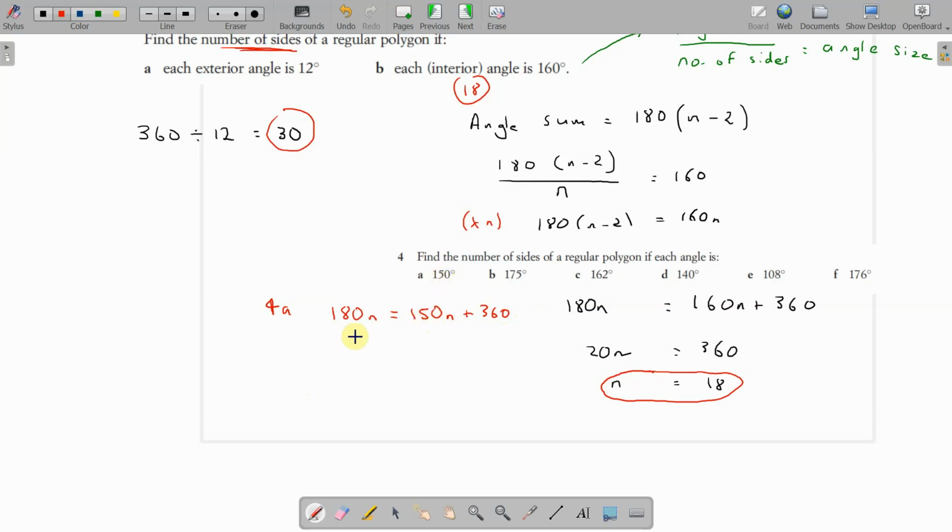Second line of working, move that over. You're left with 180 minus 150 leaves us with 30n equals 360. Divide by 30, n equals how many? 12. So that's what you do for 4a. So instead of what I did for this example, you put 150 instead. 4b, you'll put here 175, 162 and so on.